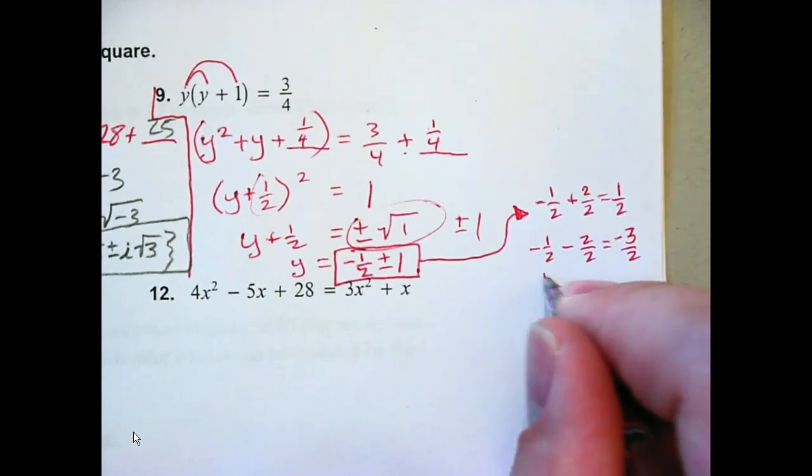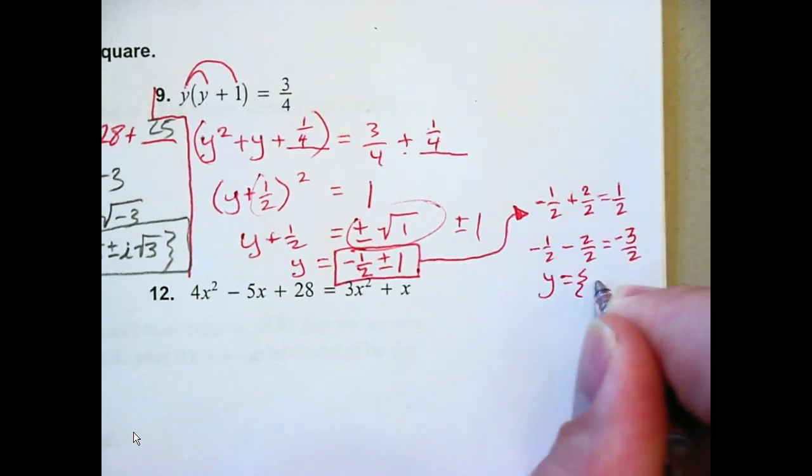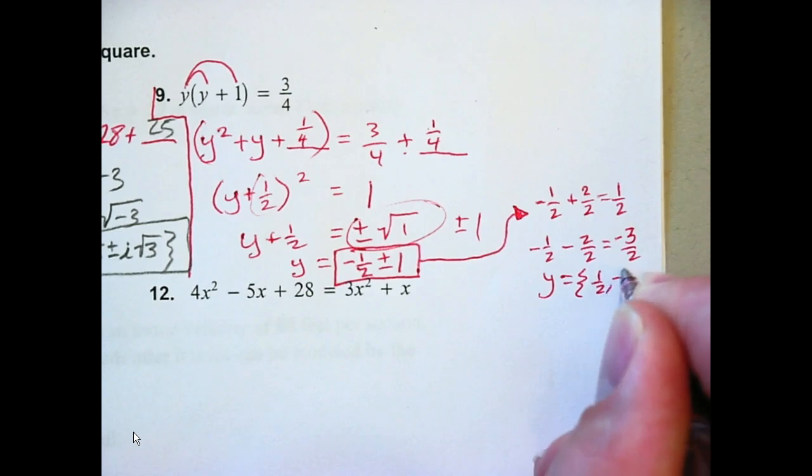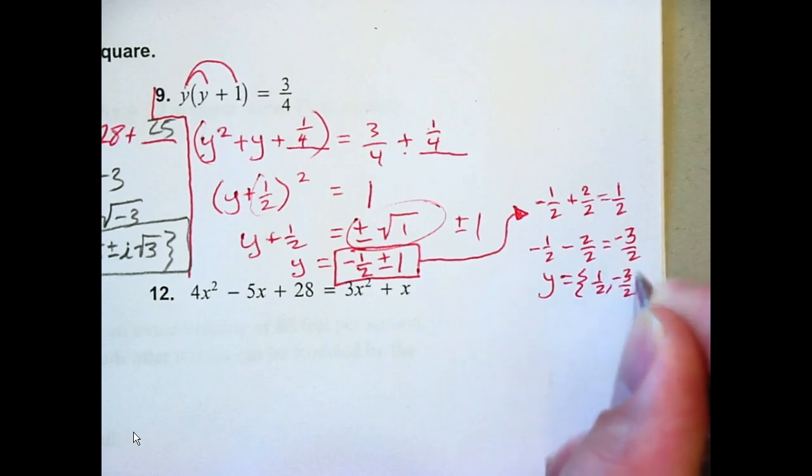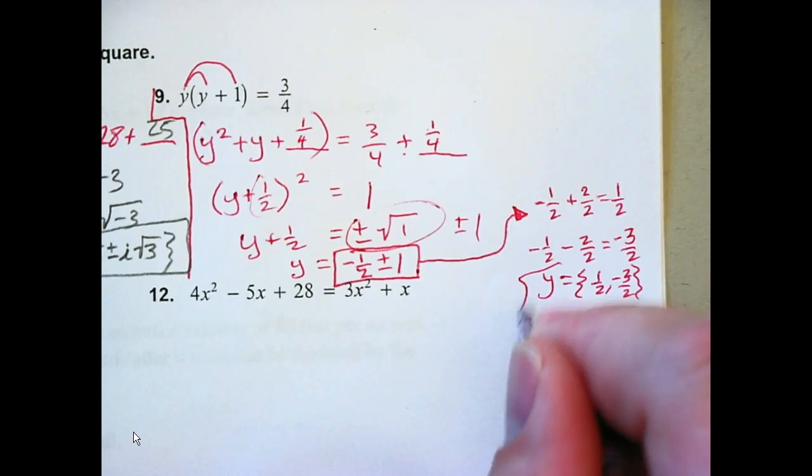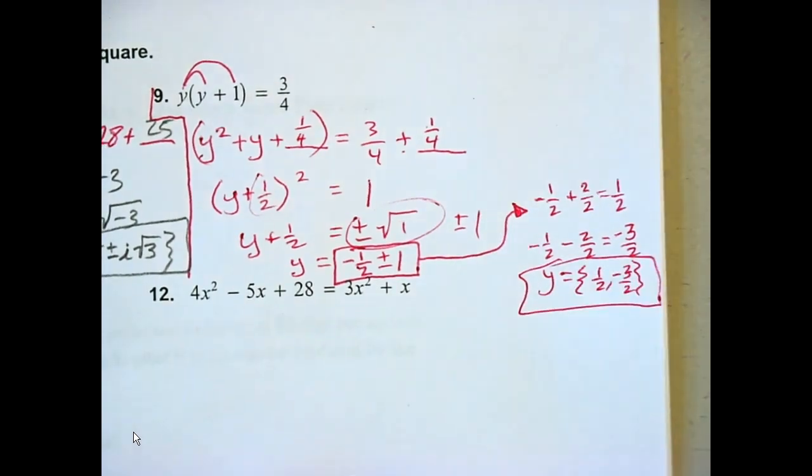So my answer is y is equal to the set containing 1/2 and negative 3 halves. And I didn't even write it in numerical order, which kind of bothers me right now, but I'm not going to erase because I can't, because it's a pen. Not required. It'll make me feel happy. But, yeah. You're good? We love it.